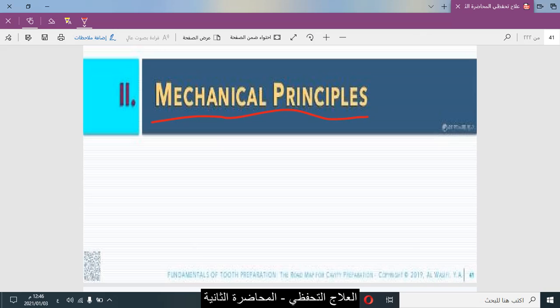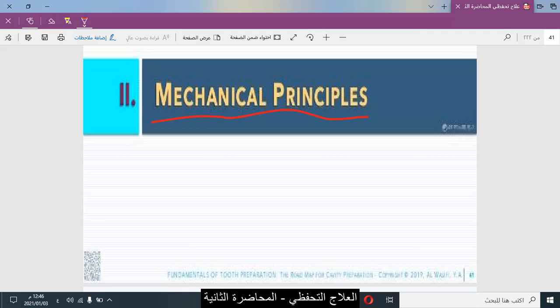We do not extend the cavity width buccolingually more than one third or one quarter of the intercuspal distance, meaning the triangular ridge running from the cusp tip to the central groove. And we do not extend mesiodistally beyond the marginal ridge; the mesial and distal marginal ridges should remain 2 millimeters thick, so as not to weaken the marginal ridge.